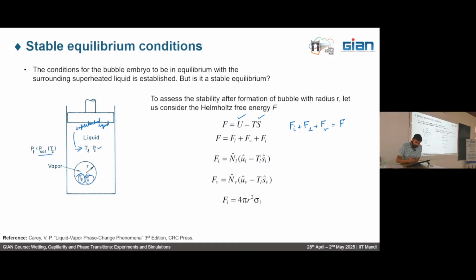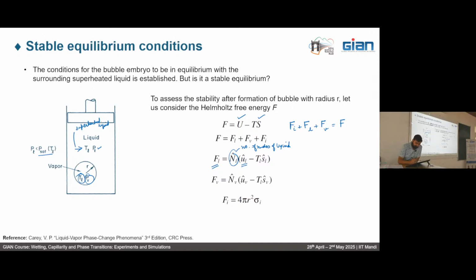Then we can write FL, the Helmholtz free energy of the liquid, in terms of NL, which is the number of moles of liquid. Similarly, NV is the number of moles of vapor. U hat L is the molar specific internal energy, and S hat L is the molar specific entropy of the liquid.